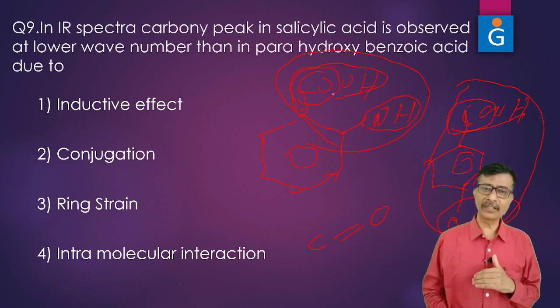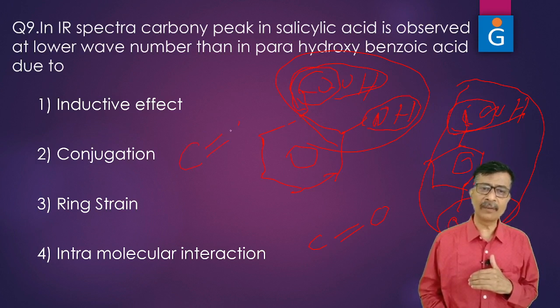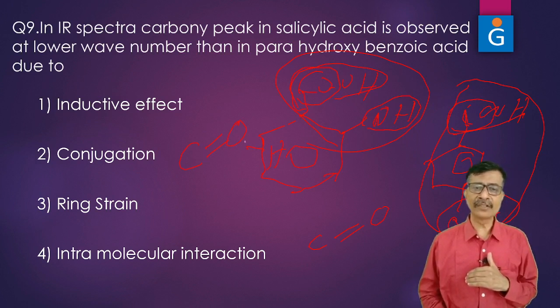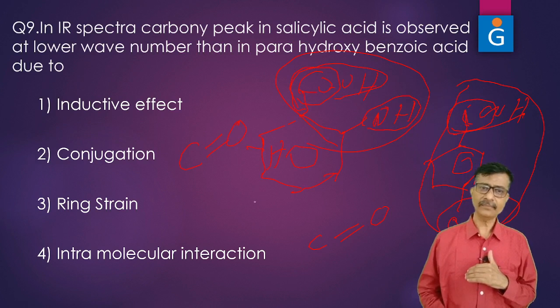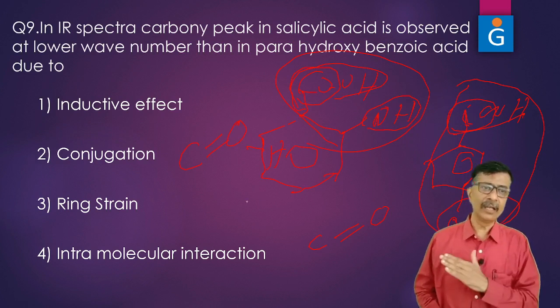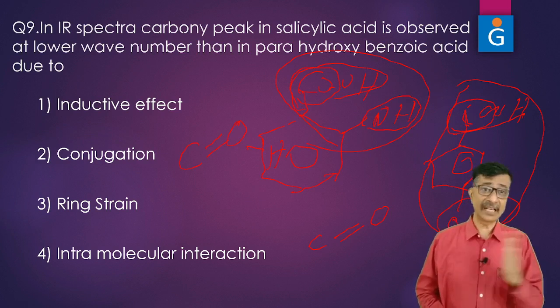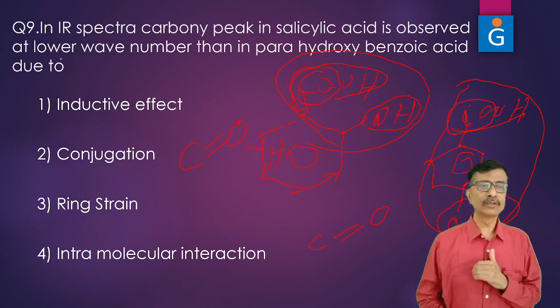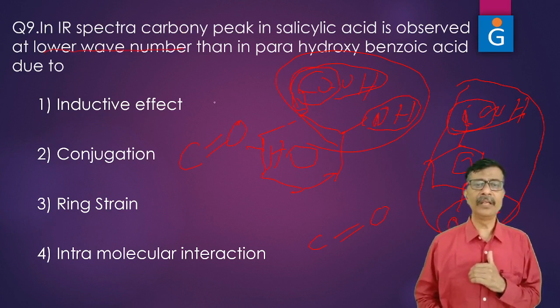Now here, because of this intramolecular hydrogen bonding, the bond order of the double bond of this carbonyl will be reduced because this electron will be involved in hydrogen bonding with the hydrogen. So bond order will be lower and natural vibrational frequency will be lower. So a lower wave number will be observed.